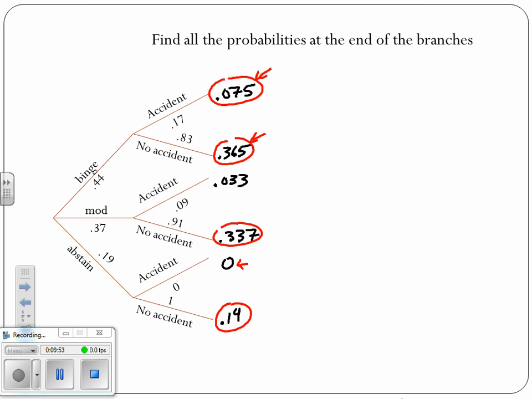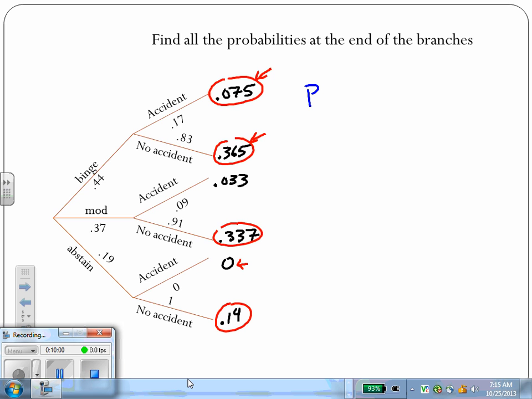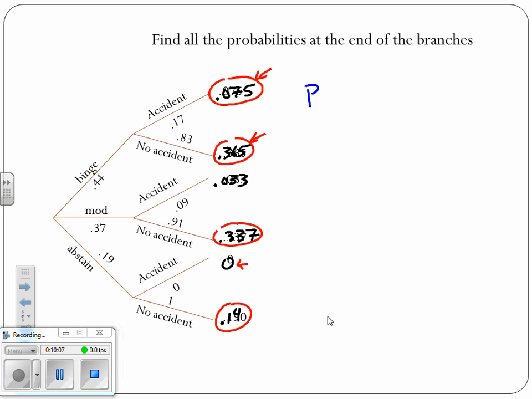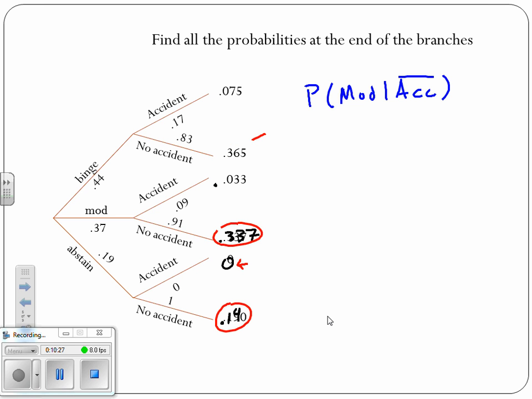Let's say we wanted to find the probability that we get a moderate drinker, given that we know that they've never had an accident. So we kind of subgroup. We want all the people that haven't had an accident. How many of those folks are moderate drinkers, I should say.